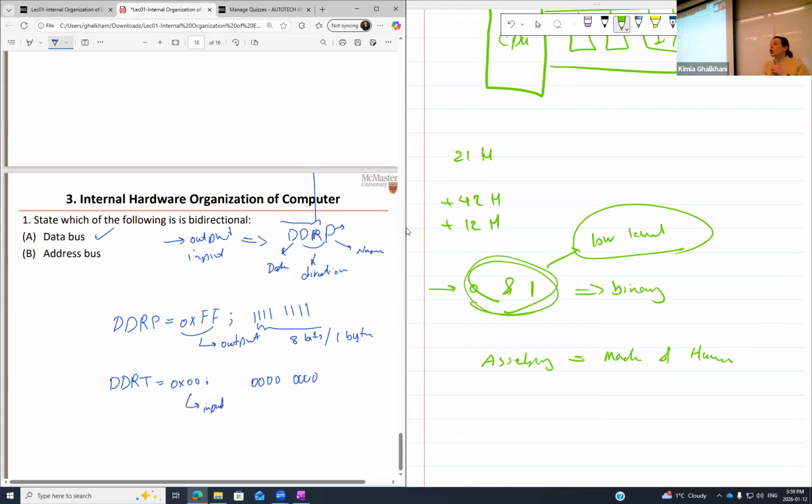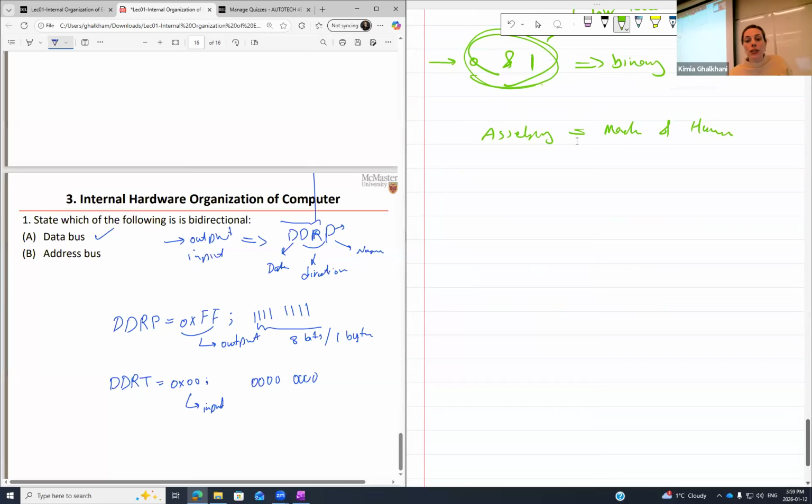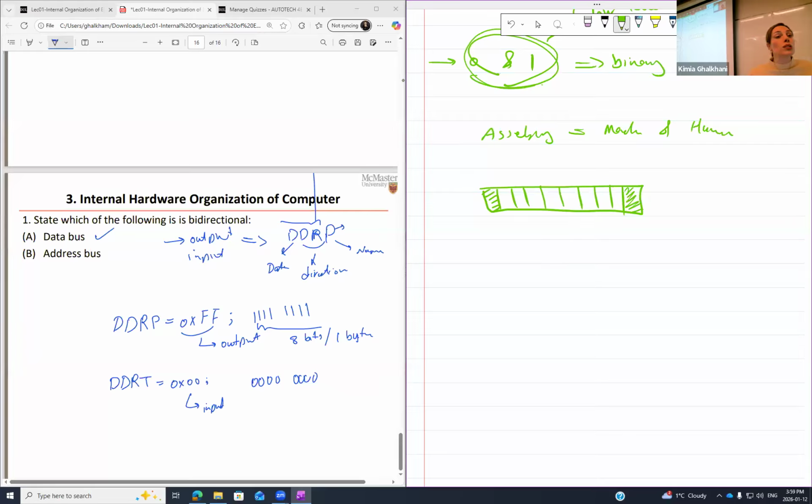Right? Of course, I can bitwise the port. For example, if I have maybe 8 LEDs in here, 1, 2, 3, 4, 5, 6, 7, 8, 9. Remember, in the lab, I have my first LED and last LED loose and not connected to my microcontroller.